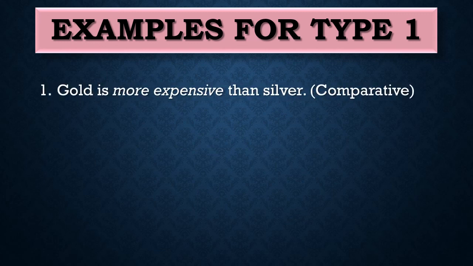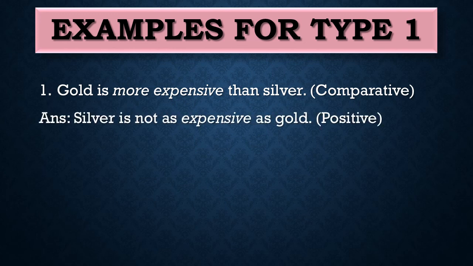First example, gold is more expensive than silver. As more expensive is given, it is a comparative degree sentence. So, in step 1, we have to interchange the subject and the object. That is, gold and silver will be interchanged.